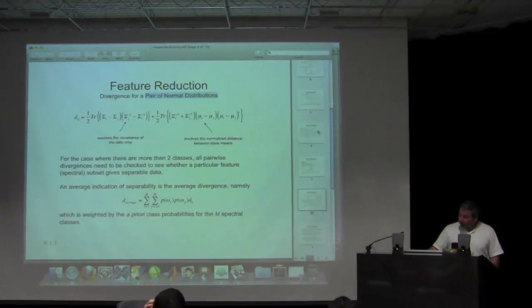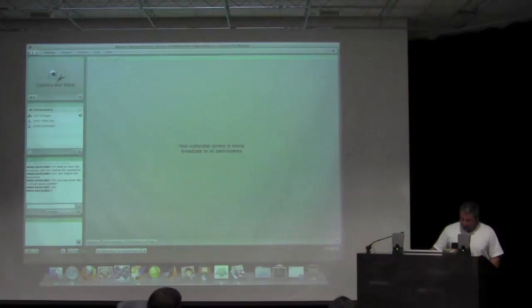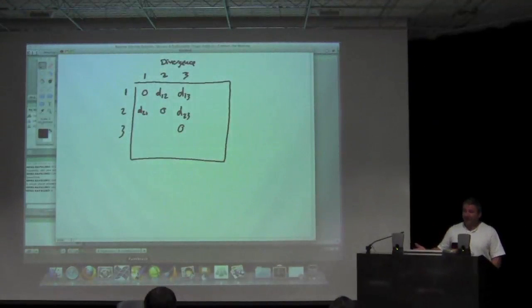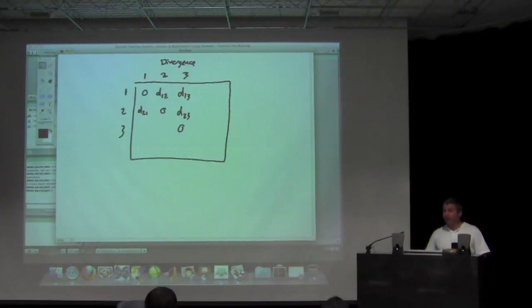All right, but what you have here is 3 numbers. The divergence between band 1 and band 2 might be really high, the divergence between band 1 and 3 might be low, and between 2 and 3 might be low. So is this choice of bands good?